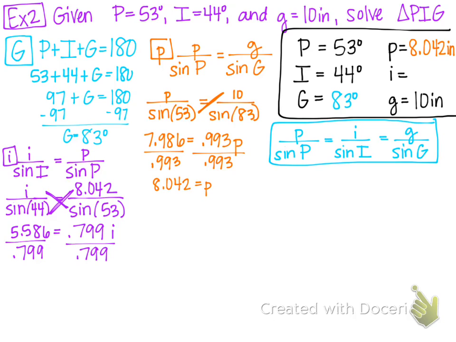So 5.586 divided by 0.799. You get 6.991 is equal to little i. And there you go. So, regardless of what letters are given to you, you can always come up with the law of sines. Just plug them in accordingly.